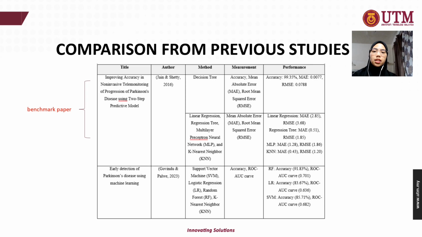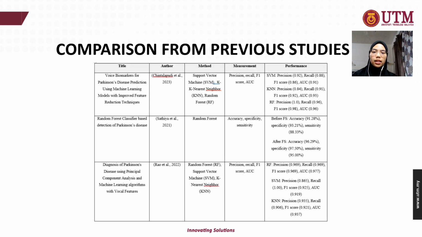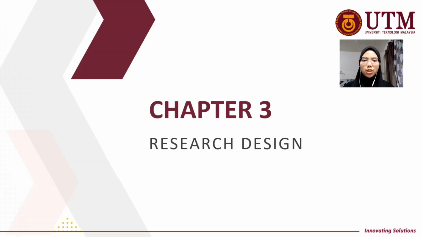The rest of the research shown here is to demonstrate that random forest consistently achieves high accuracy in predicting Parkinson's disease. So by comparing these results with those from previous studies, it is evident that random forest offers a significant improvement in predictive performance. Now, let's look into Chapter 3, the research design.